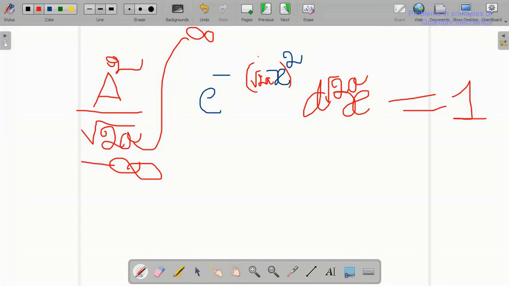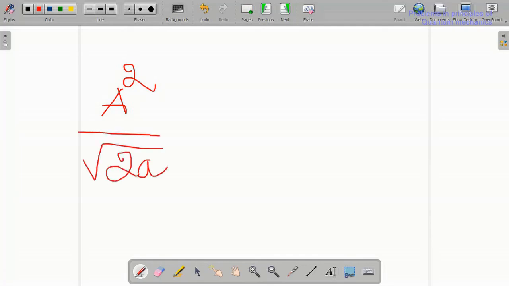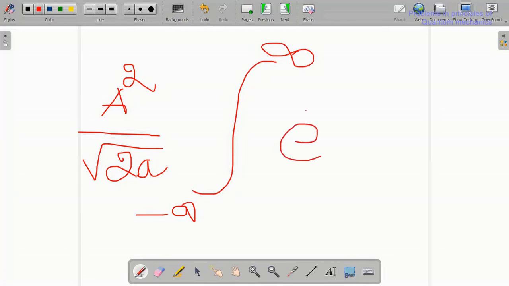So a square by root 2a times the integral from minus infinity to plus infinity of e power minus x square dx is equal to 1. If we substitute it by z, the integral of e power minus z square dz is equal to 1.